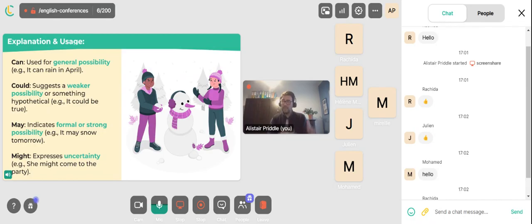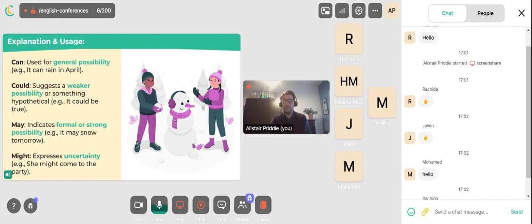Could, suggests a weaker possibility or something hypothetical. For example, it could be true. It is possible. May, indicates formal or strong possibility.